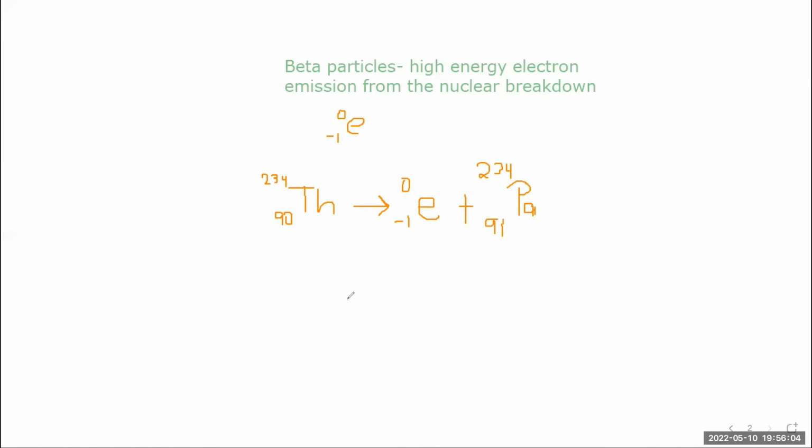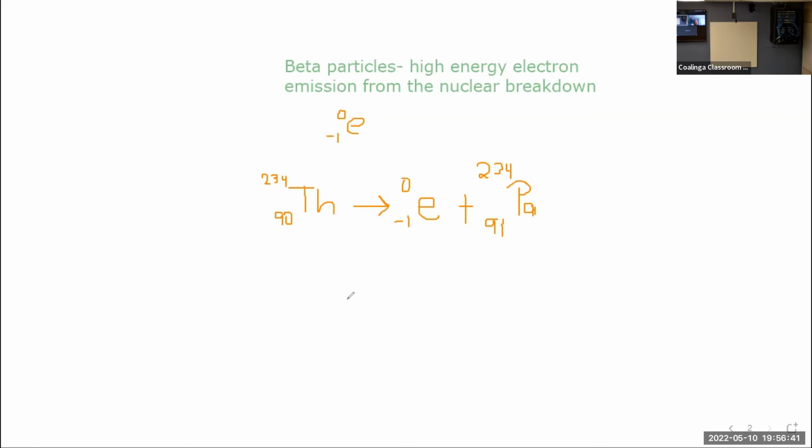And can these various emissions occur at the same time? Yes. You could have a case where you end up with an alpha decay, which leads to a beta decay, and so you could have both of those occurring. But it wouldn't be that thorium has a beta emission as well as an alpha emission at the same time.